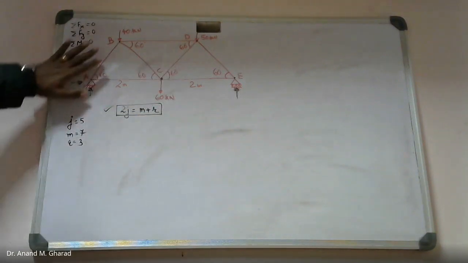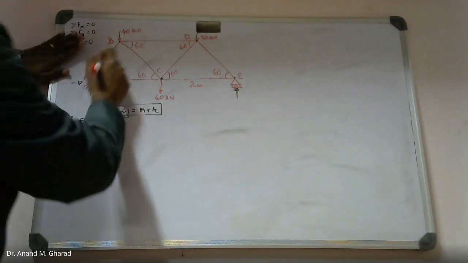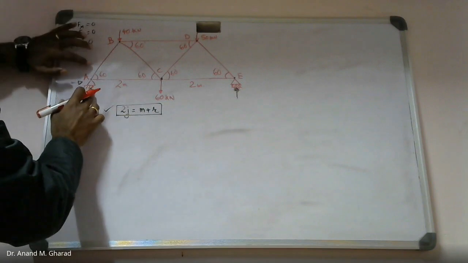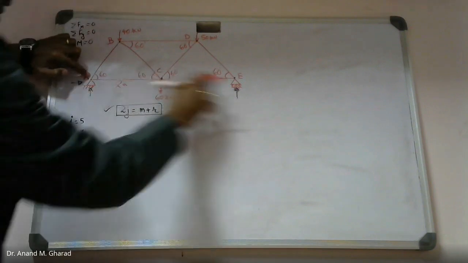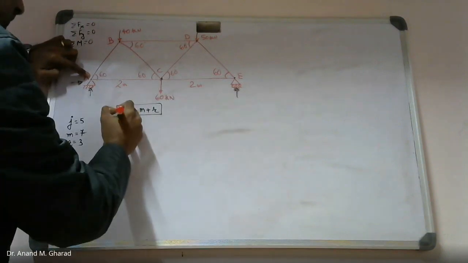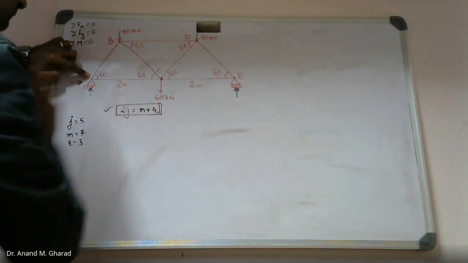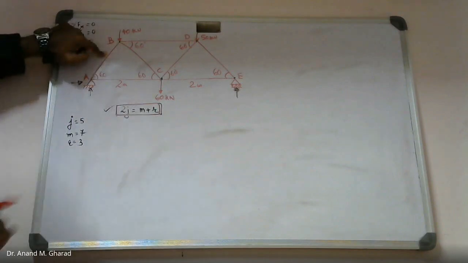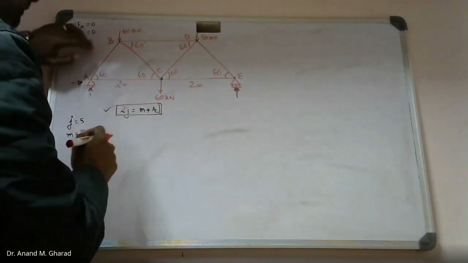With this understanding, let us try to solve this numerical. We are in a position to identify the reaction forces first, and secondly this equation is getting satisfied, which means we can calculate the member forces also. Now, how to calculate that?